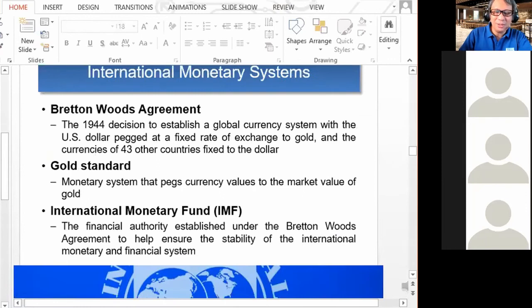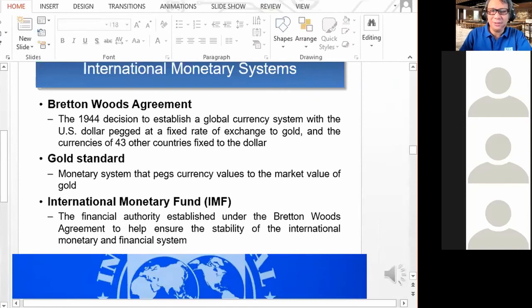The international monetary system. This is actually a brief history of why we have this world order, this economic order of foreign currencies. The world order of trade, world order of the economy. Okay, it all started with the Bretton Woods Agreement. So we have this structure today where countries trade with one another.